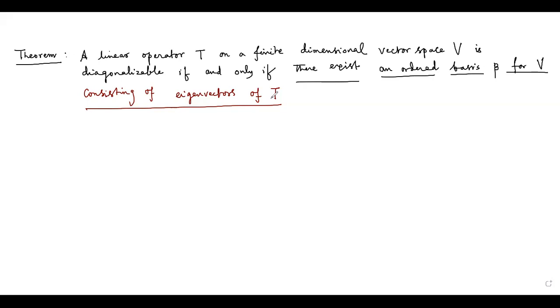If you are not able to find any such basis containing eigenvectors of the linear transformation, then you will not be able to say that it is diagonalizable at all.